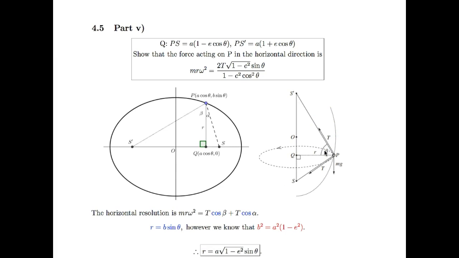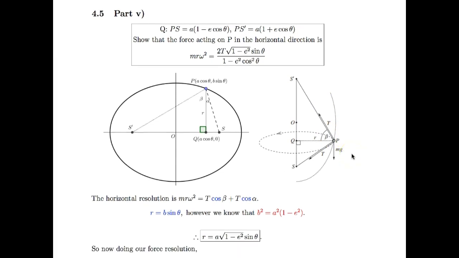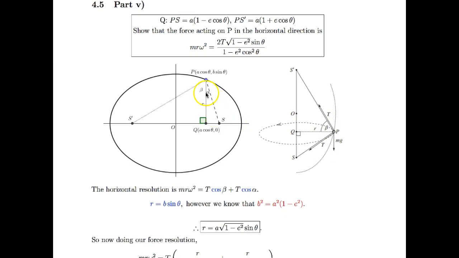And part 5 is probably the really, really hard one of this question, and I've removed some information of the ellipse I think is kind of useless now. They want you to resolve the stuff in the horizontal direction, and, well, in the horizontal direction, what's going on here is that you're going to get cos everywhere, and if you do cos of beta, you'll see the cos of beta is going to be equal to r over PS dash.